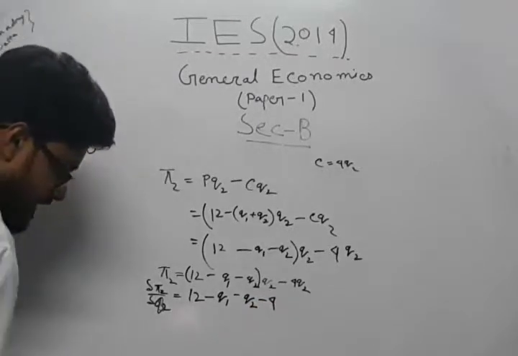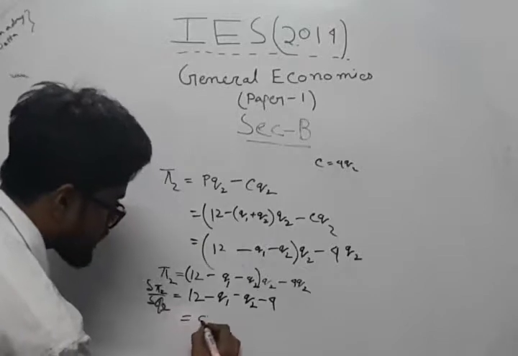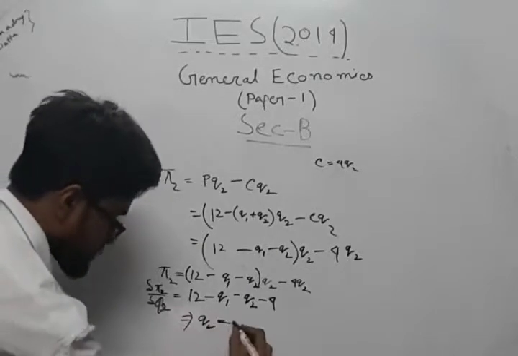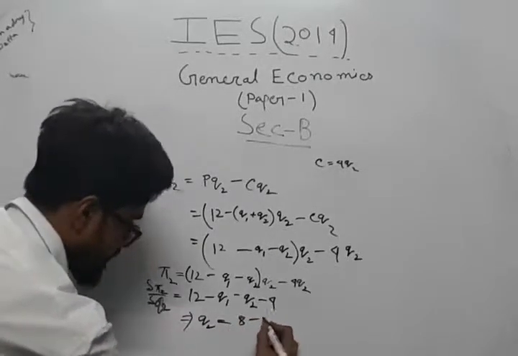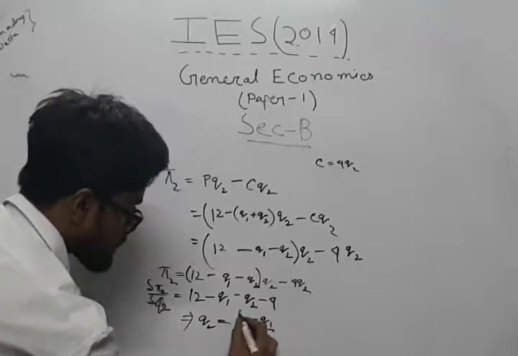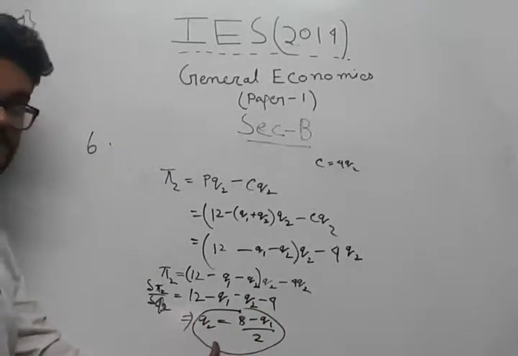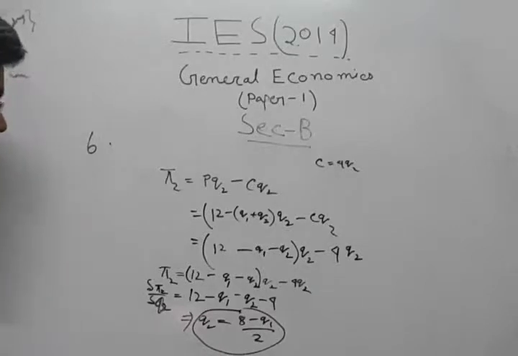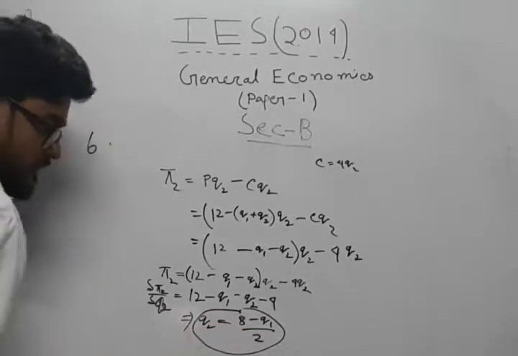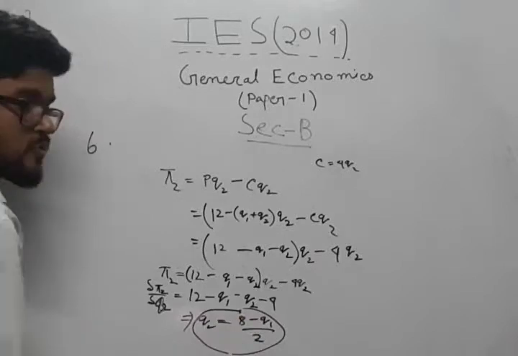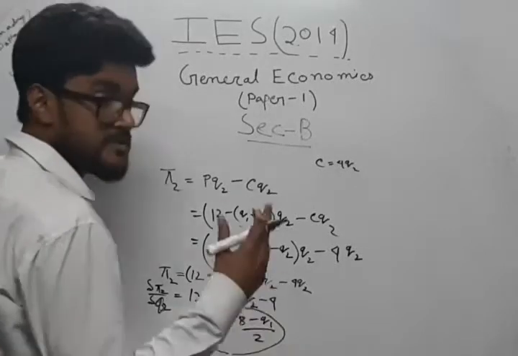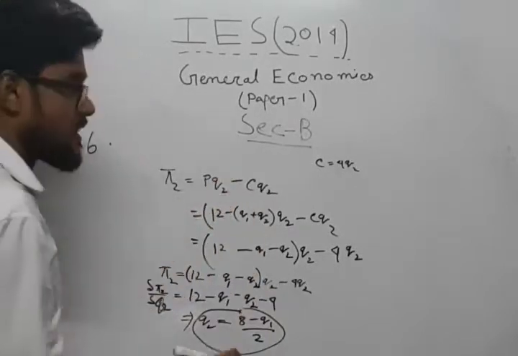From here we can find the value of Q2 to be equal to (8 minus Q1) by 2. Now we need this equation in order to find the value of Q1 by maximizing the profit function of firm 1.